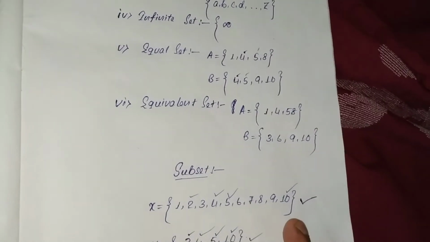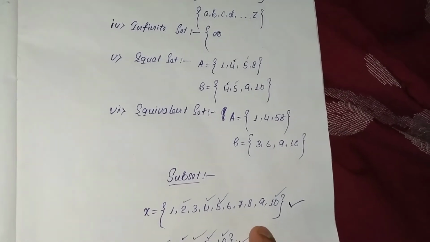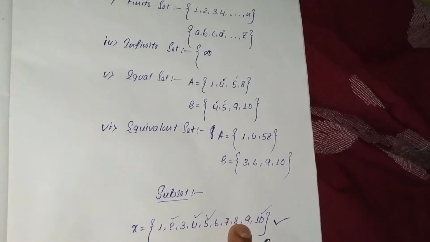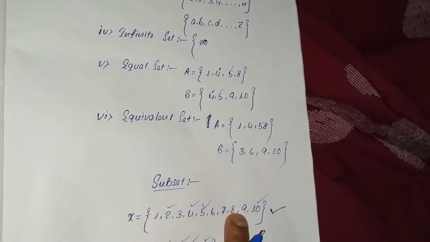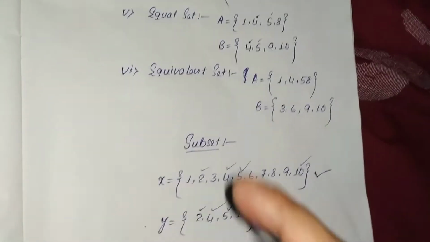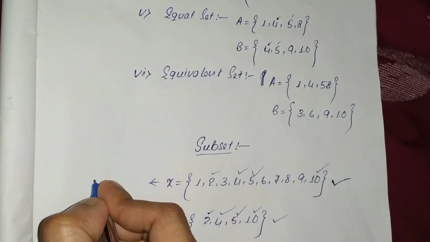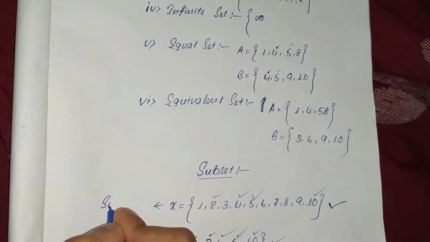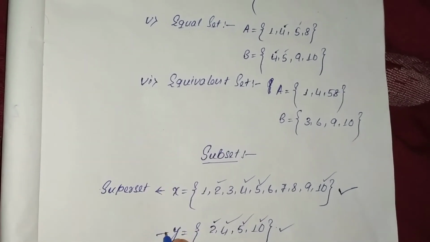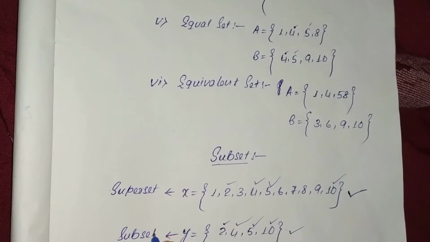If this condition exists, then only then we can say that the biggest set is the superset and the smallest set is the subset. Okay.